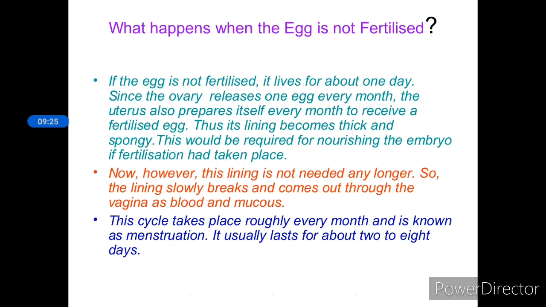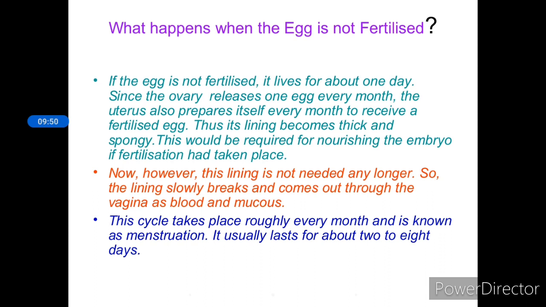Okay, so I hope you understood. If the egg is not fertilized, that means fertilization, the fusion of the male and female gametes, that is the sperm and egg, is not taking place. Every month the uterus will be ready to receive that fertilized egg, and the lining of the uterus becomes thick and spongy.